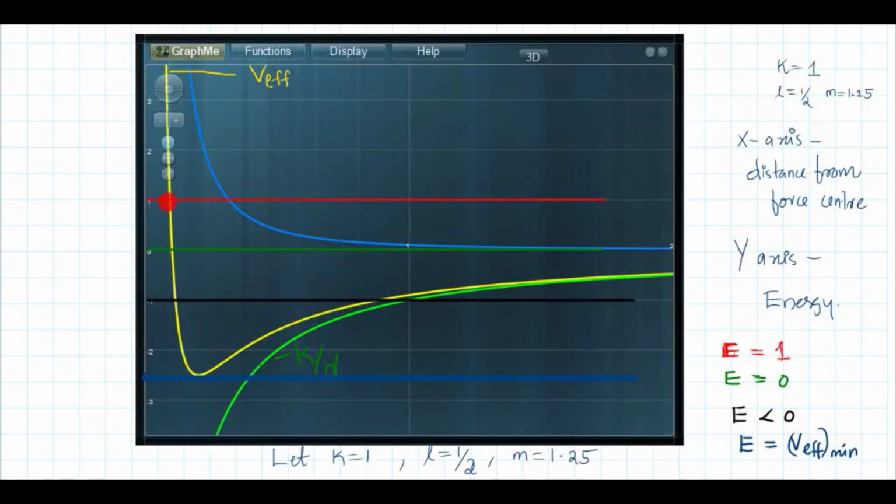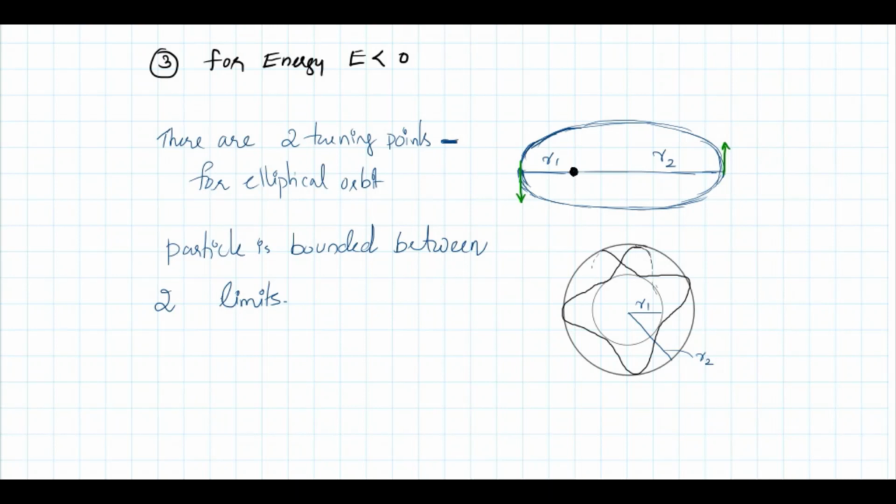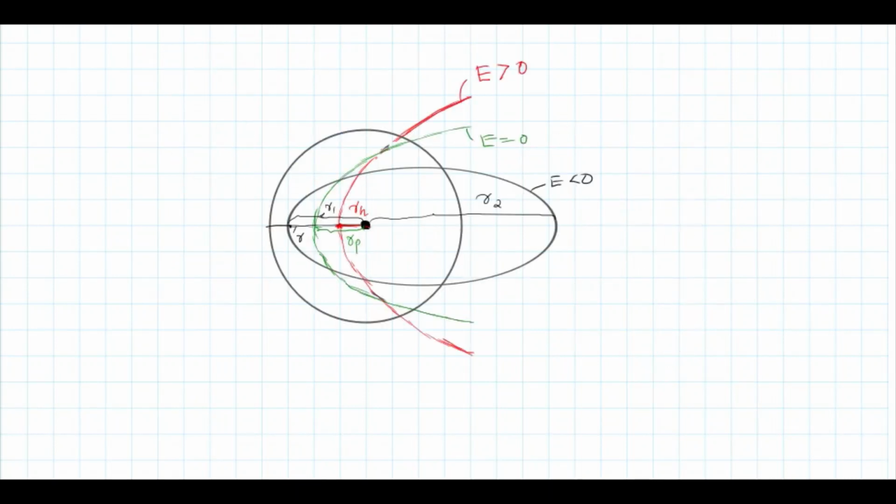The first one is the intersecting point of red and yellow. Second one is the intersecting point of green and yellow. Third one is the intersecting point of black and yellow. Fourth one is this point. So this distance is increasing. So these are the possible trajectories in the case of a Kepler problem. I hope it is clear.